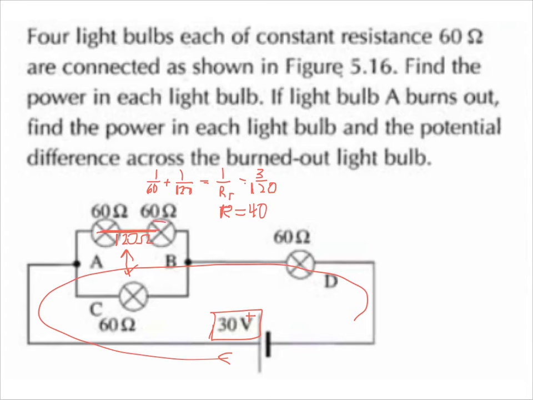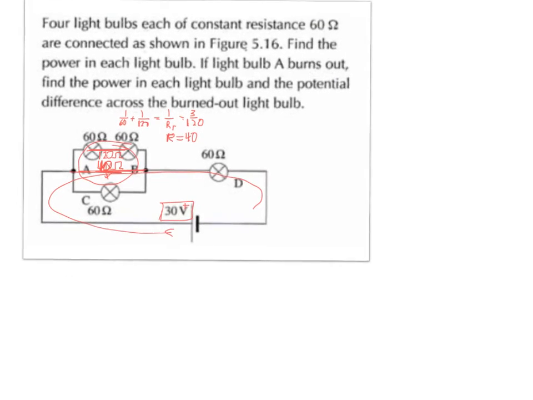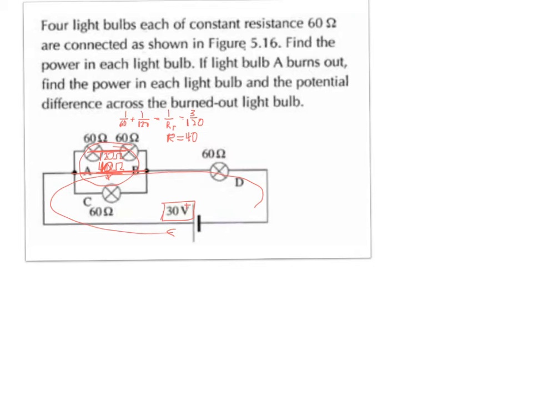Okay, so all of this together is essentially 40 ohms. And if I add that 40 to the 60 here, that means my whole circuit has a resistance of 100 ohms. Now I'm going to shrink this and give myself a little bit more space to work.